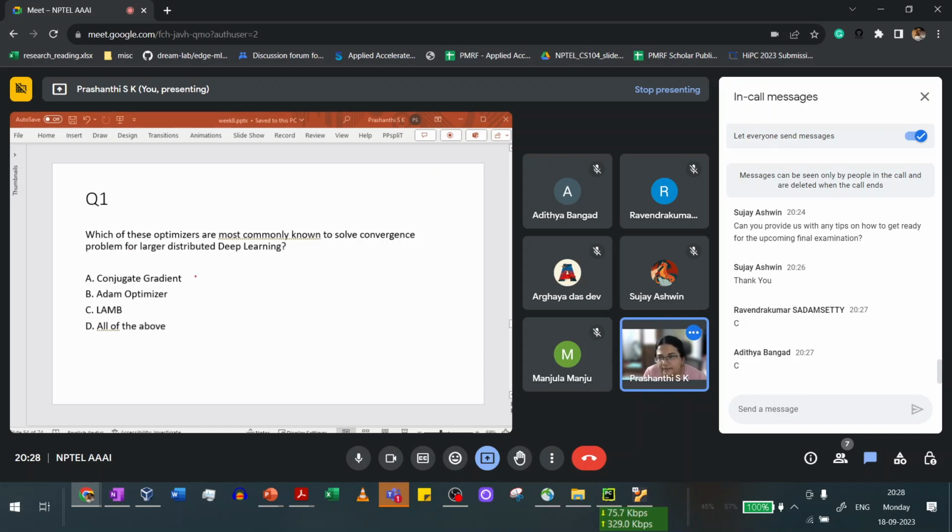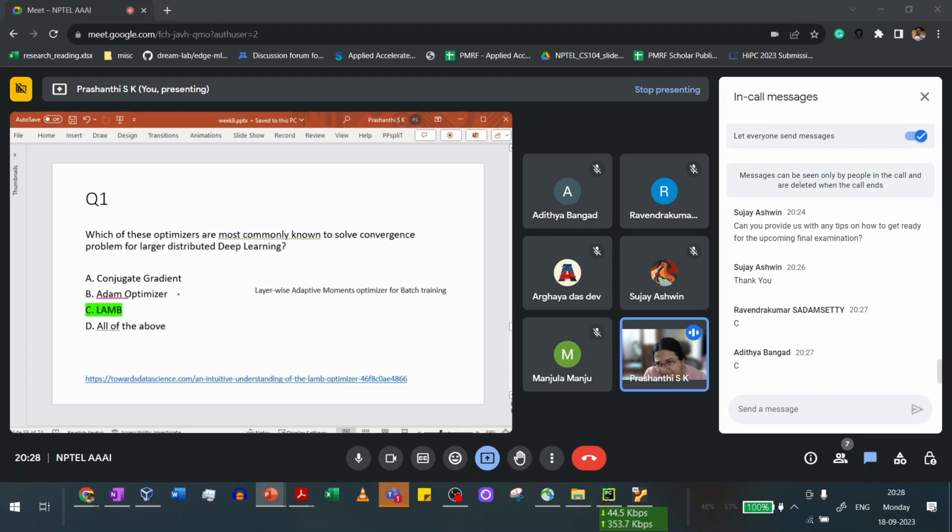Let's look at the answer. It is LAMB. It stands for Layer-wise Adaptive Moments optimizer for Batch training, and there is an explanation of this in the blog post. Adam, you have probably heard of from the previous lectures. Conjugate gradient, I don't know if you've heard of it, but it would be a good idea to look into this. And like I said, whenever you do this, you don't need to know a lot of details.